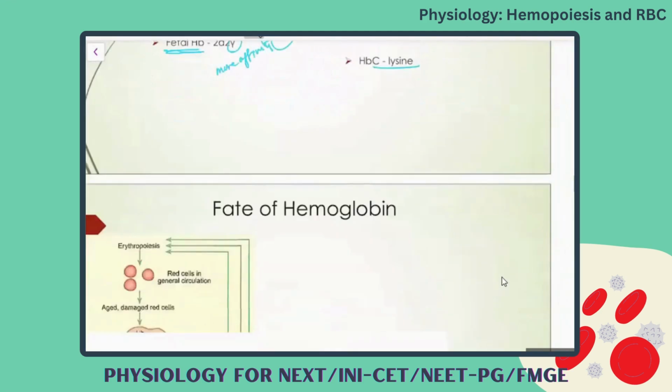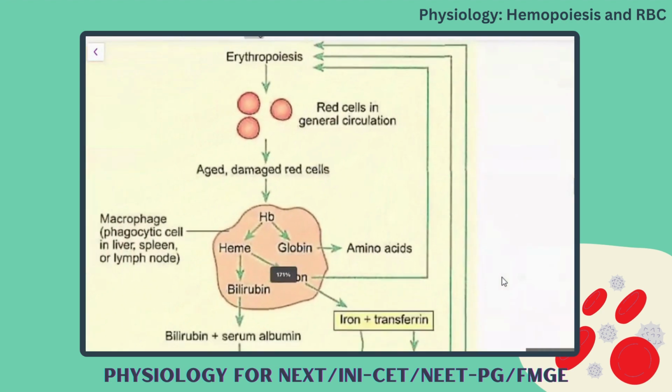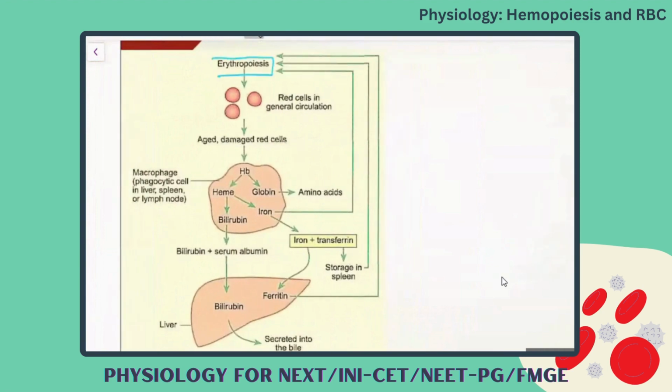And what happens to the RBC after 120 days? Okay, so once the erythropoiesis has formed them, after 120 days they become aged, damaged RBCs, which get destroyed in the reticuloendothelial system of the liver, spleen, and lymph nodes.